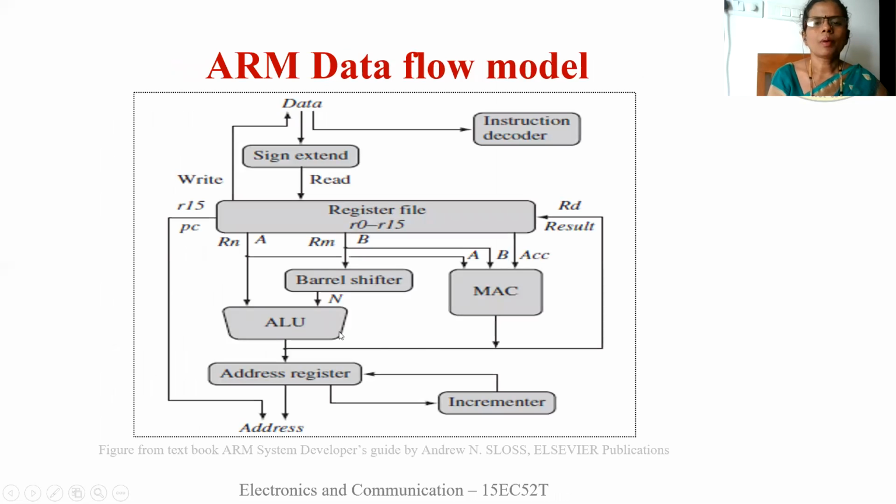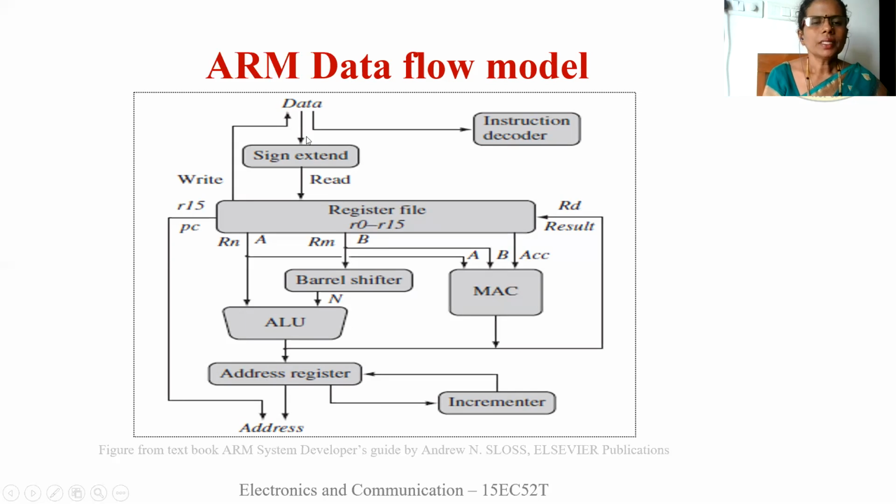This is the diagram of the ARM data flow model. You can see all the elements I explained in the previous slide: instruction decoder, sign extend, register file, barrel shifter, MAC, ALU, address register, incrementer. See here, 1, 2, 3, 4, 5, 6, 7, and 8 elements are there in the ARM data flow model.